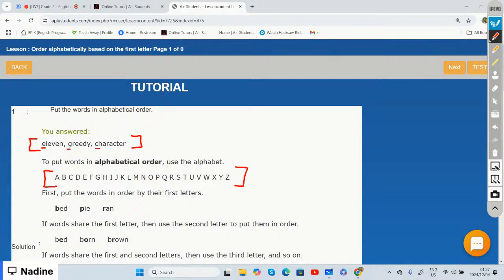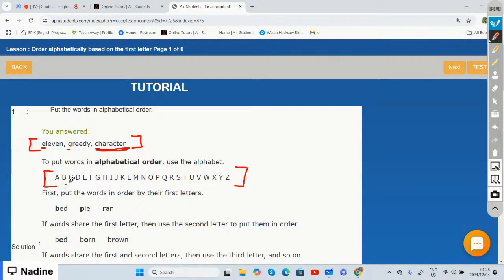So it's E, G, and C. And if we were to choose the word that comes first based on the first letter of the word alphabetically, then we can say C for character.